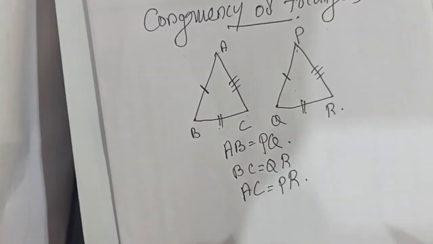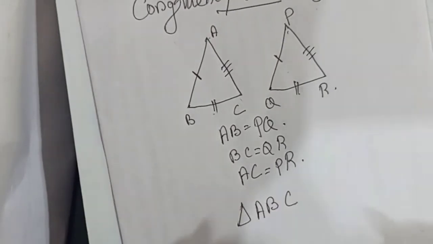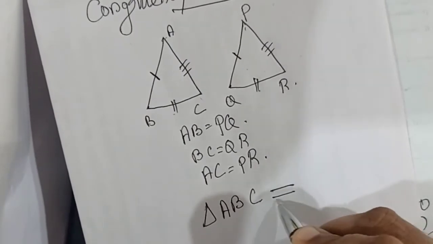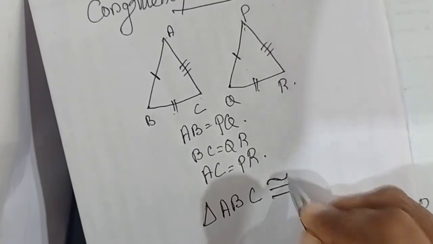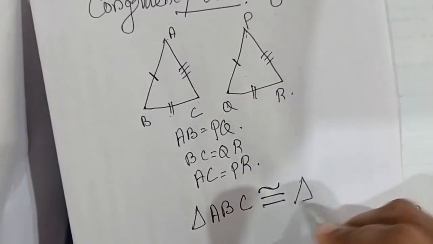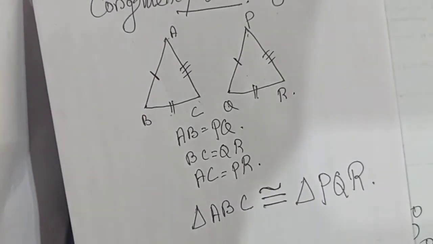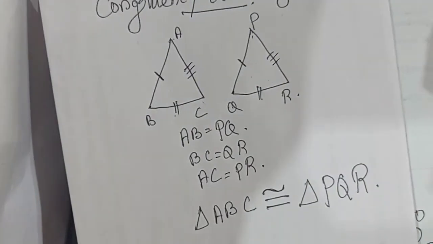Therefore, we can say that triangle ABC, look at the notation for congruent, draw the equal sign and use this sign, triangle ABC is congruent to triangle PQR.